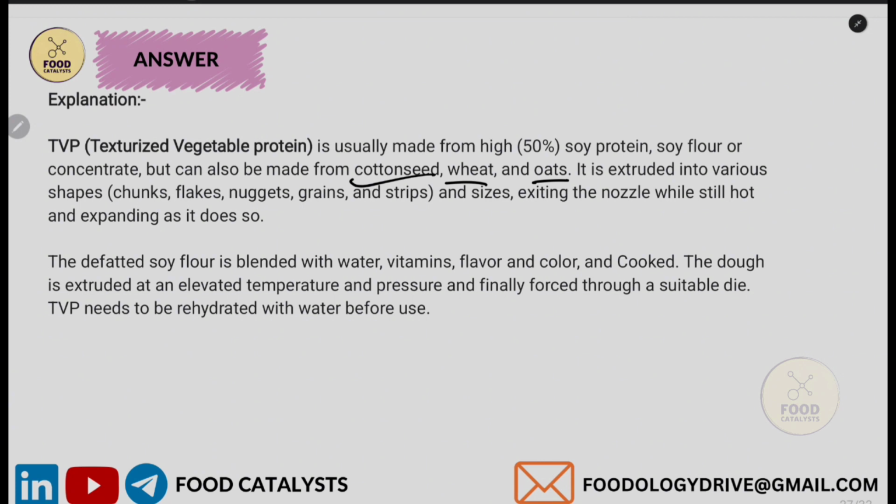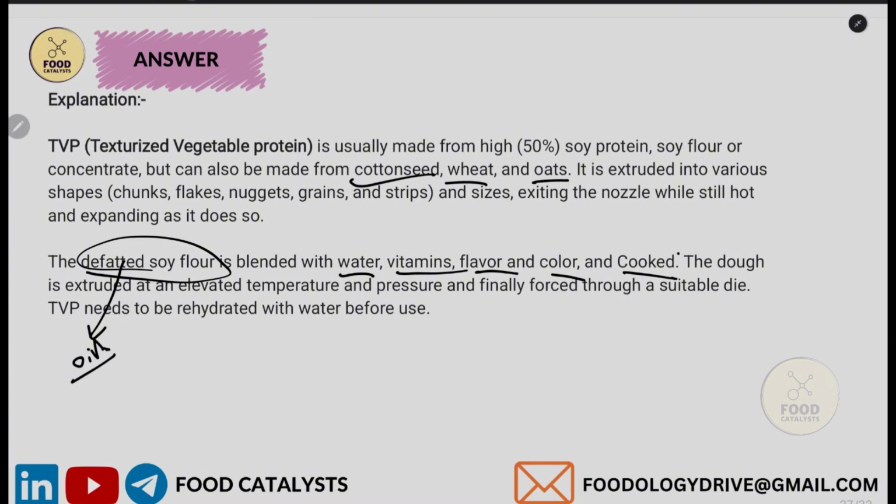Okay, so how it is created: first we need defatted soy flour, which means we are removing all the fat, which is oil, and the remaining defatted flour is blended with water, vitamins, flavors and colors, and then cooked.